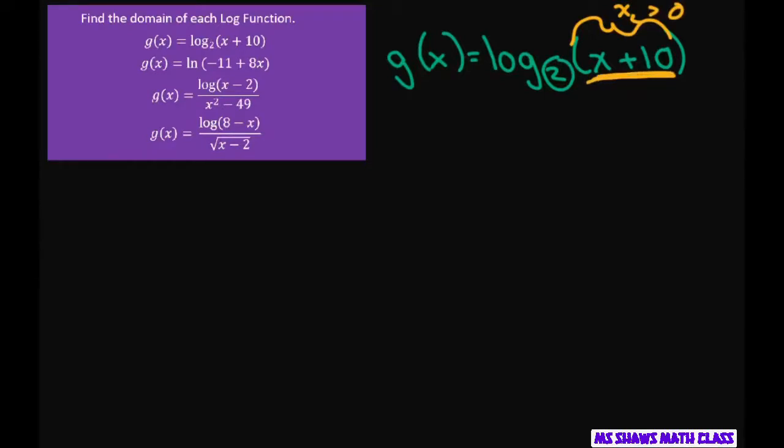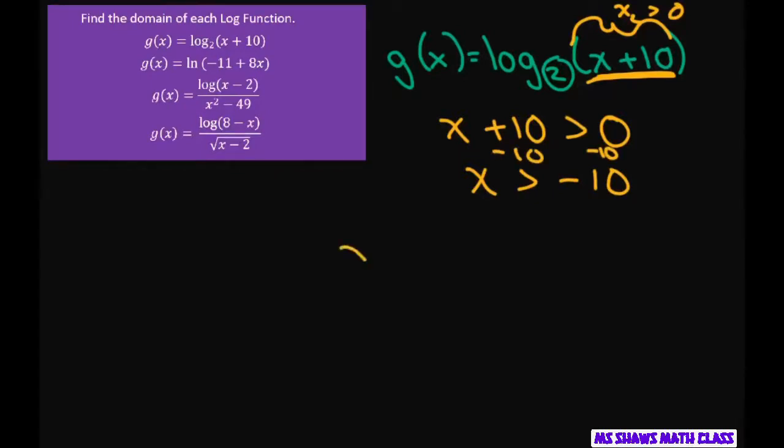So you just set this to be positive. So x plus 10 has to be greater than 0. So you subtract 10 from both sides, so x has to be greater than negative 10.